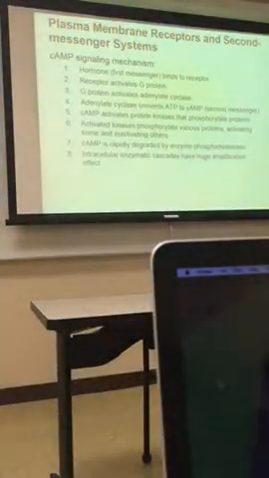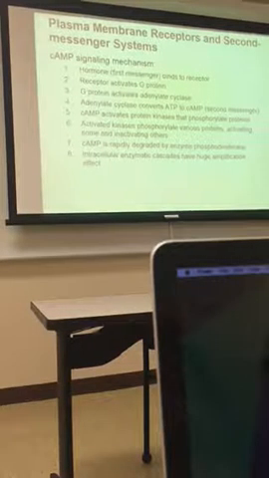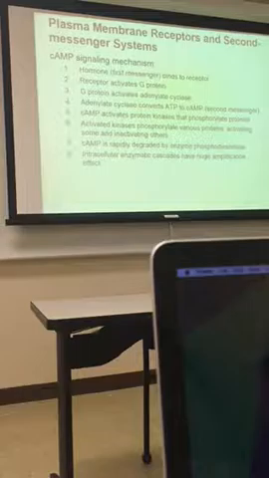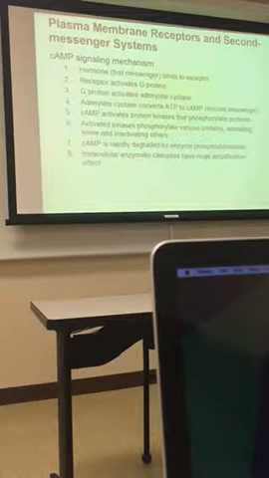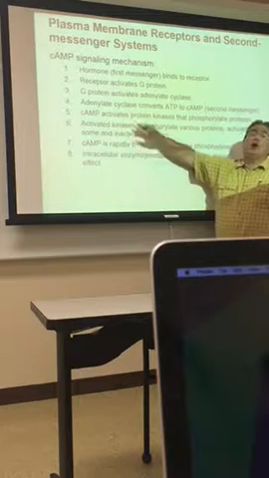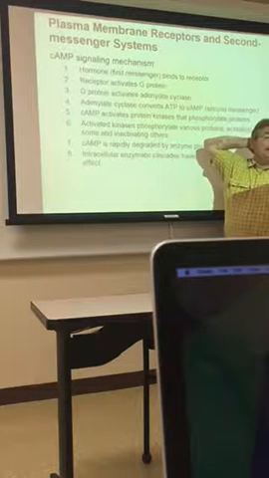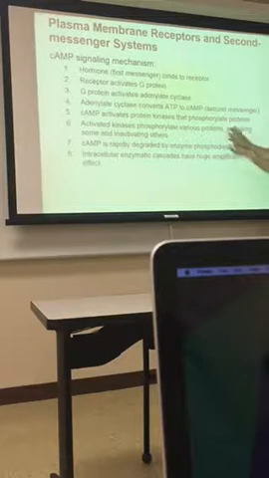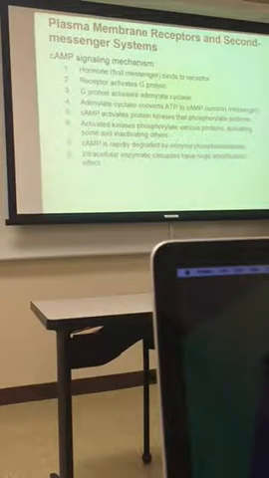The hormone, an external messenger, did not come into the cell. Instead, it activated a process that makes cyclic AMP. Cyclic AMP then diffuses in the cell, where it interacts with another inactive enzyme called a kinase. A kinase is an enzyme which phosphorylates proteins.